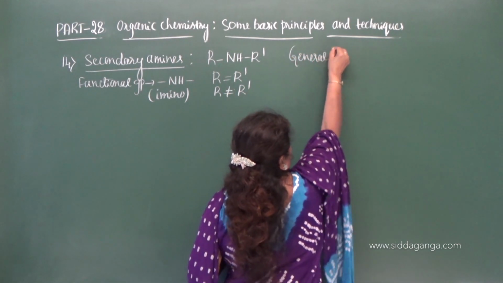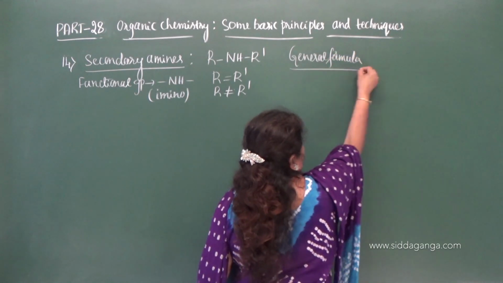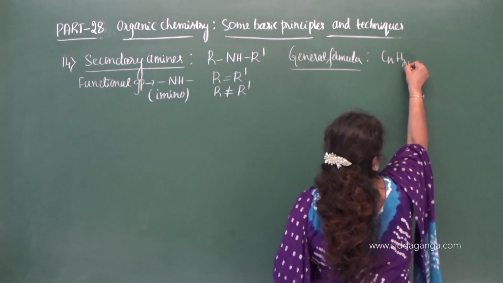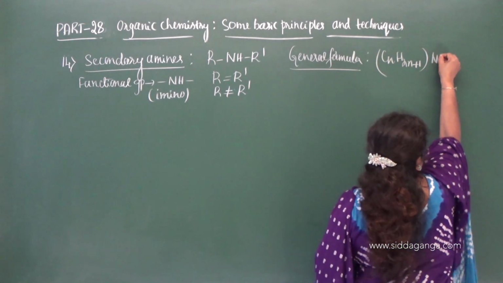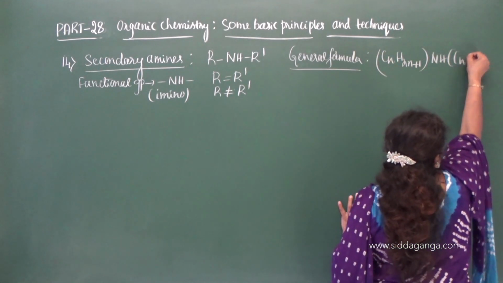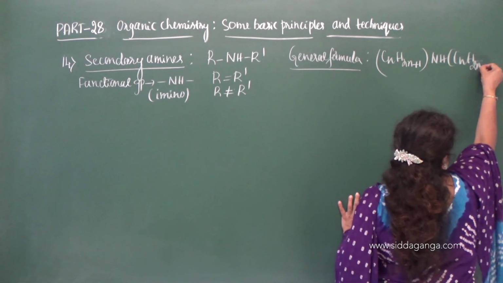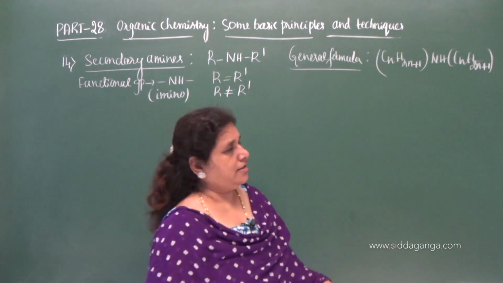General formula of secondary amines. Write the alkyl group CnH2n plus 1, NH, CnH2n plus 1. So you will get alkyl groups on either side.